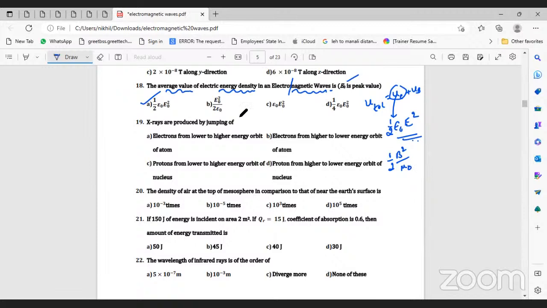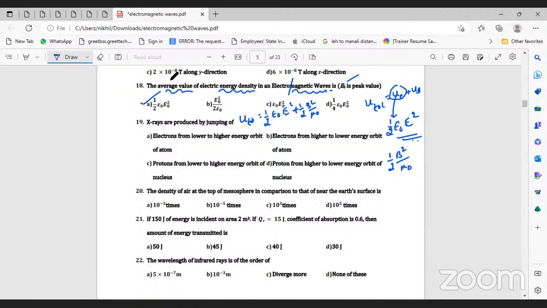Now, what will be the total energy? Half epsilon naught E squared plus half B squared divided by mu naught. This is the total energy of the electromagnetic wave.